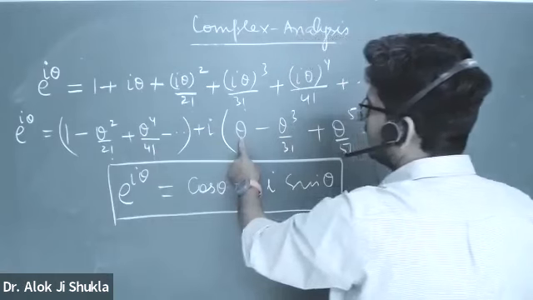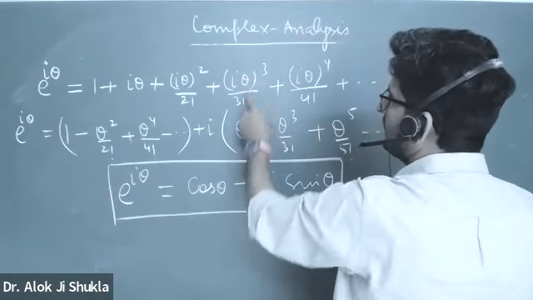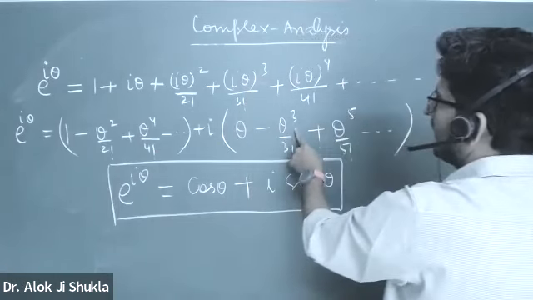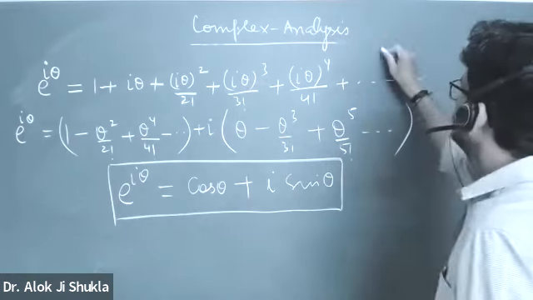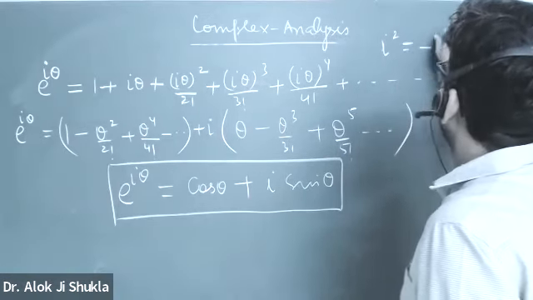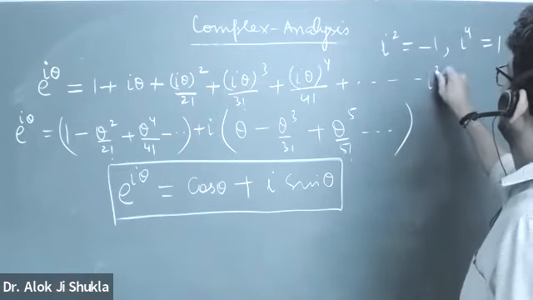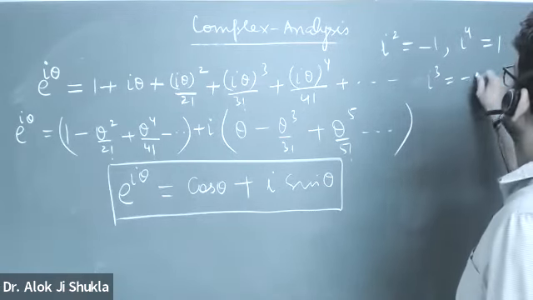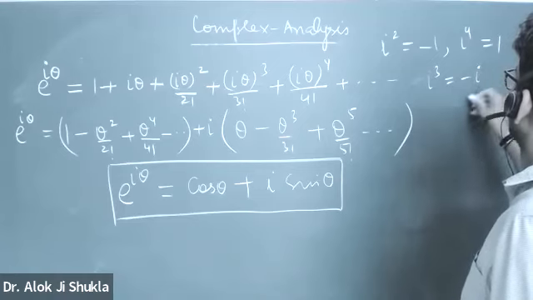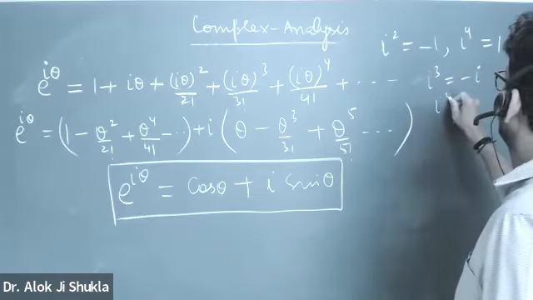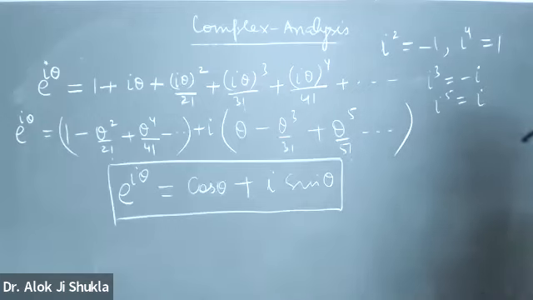Here you will have theta. Theta cube is minus iota. So it will become minus theta cube by 3 factorial. So I have used this: I square is minus 1, I to the power 4 is 1, I cube is minus iota, and I to the power 5 is plus iota.